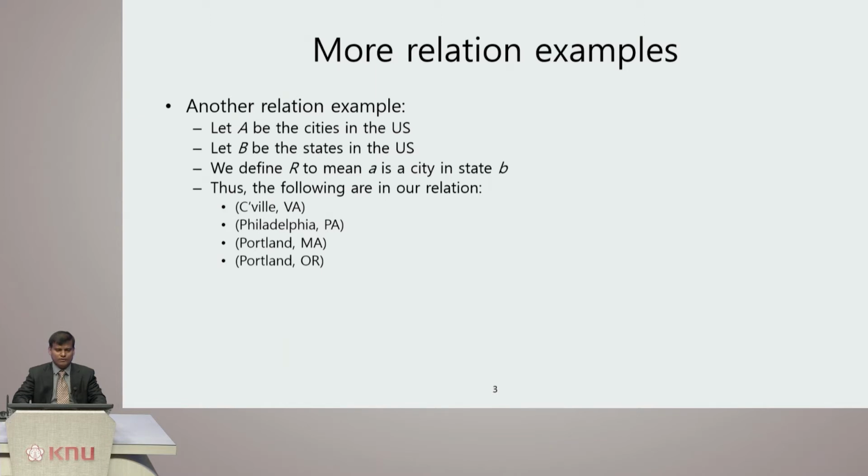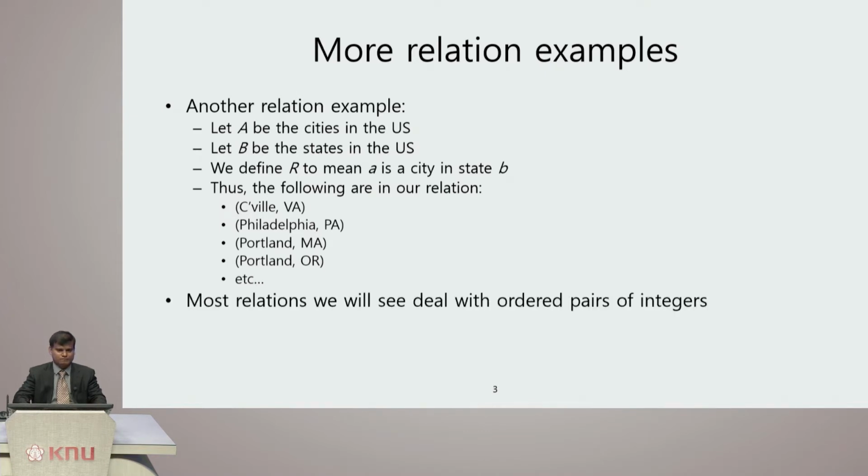If you are more familiar with other cities, you can also come up with these. You can think of other places where you can use the relationship, whether it's about these cities and states, or you can come up with some other terms that you can use.